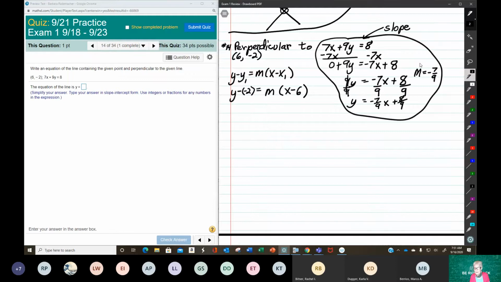So we're going to have to take the slope of the line it's perpendicular to, and this is what happens to that slope. We'll have y plus 2 equals, it's going to be the opposite sign and the reciprocal. So +9/7 times x minus 6.